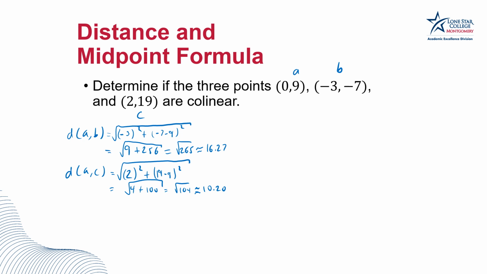Let's look at the last distance, between point B and point C. So x2 minus x1. So we're looking at 2 minus negative 3. So let's actually write it out. Squared plus. So now we have 19 minus negative 7.